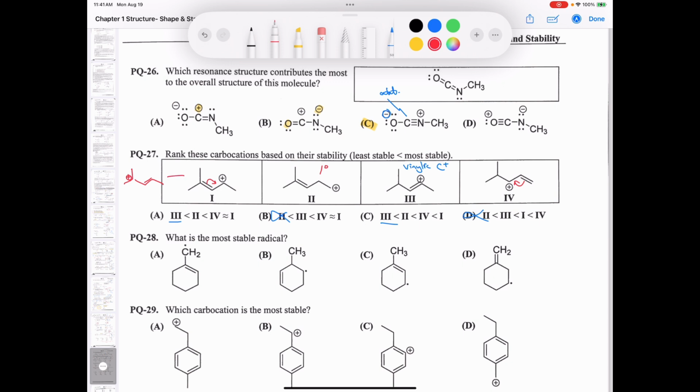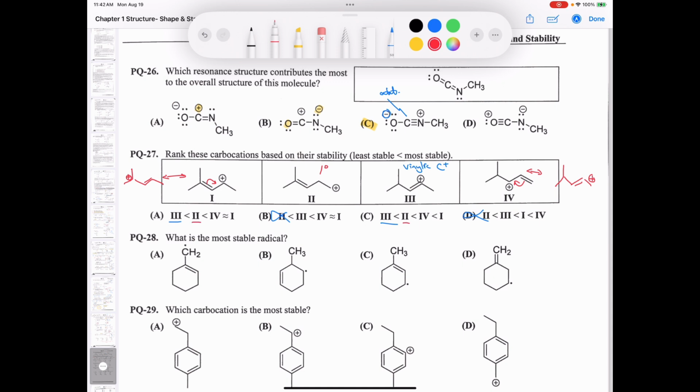And I left out my resonance arrow before, but anyhow, we could draw a resonance form for this one too, which would look like this. But this one gives you a primary vinylic carbocation, whereas this one gives you a tertiary vinylic carbocation. And so based off of that, I would say that number 2 is going to be the second least stable, but you can't decide that off of this.